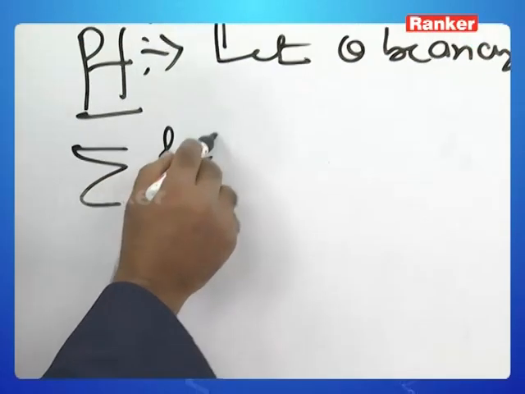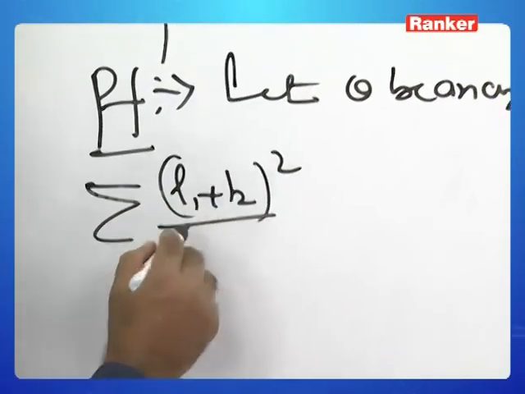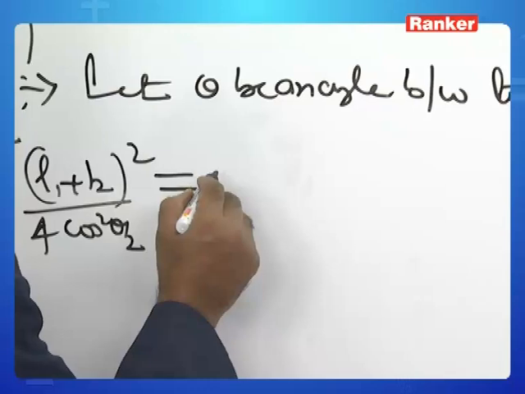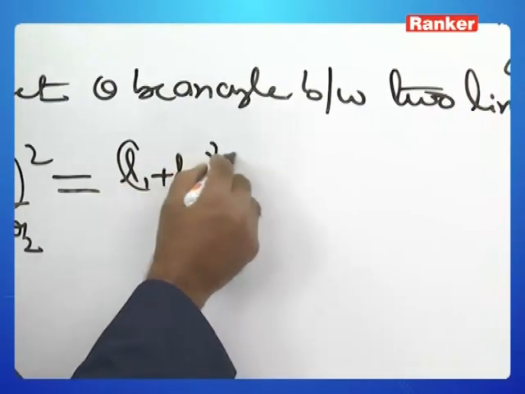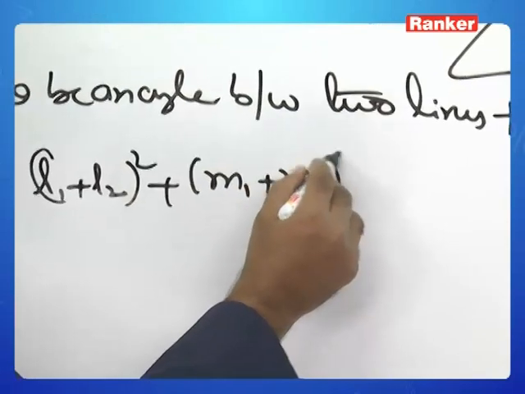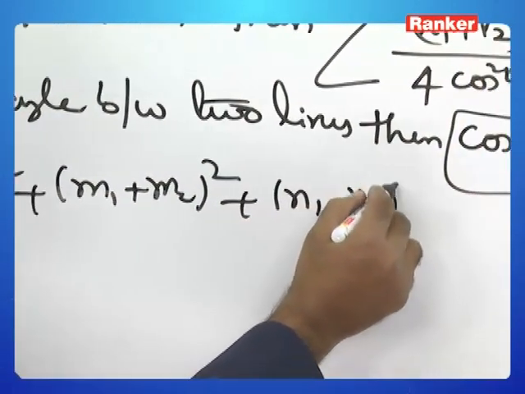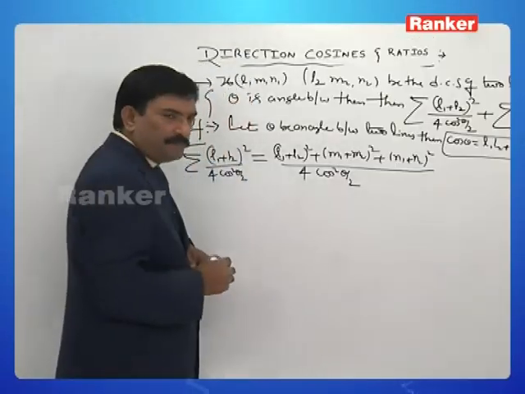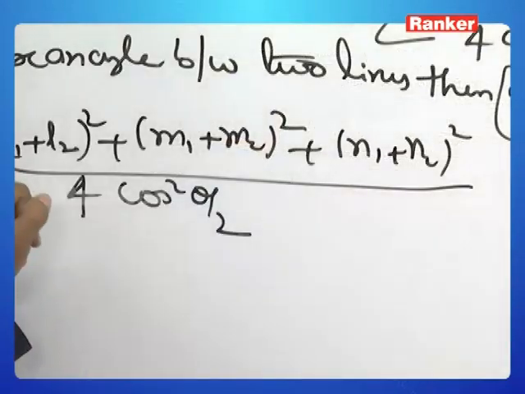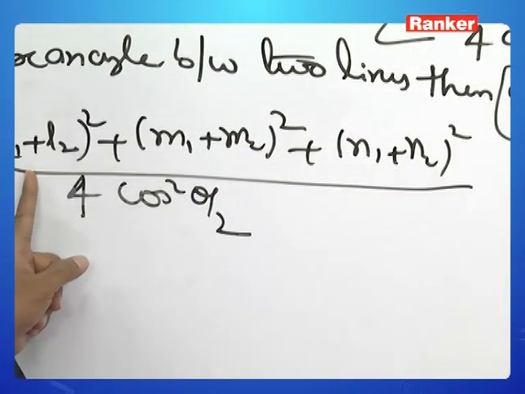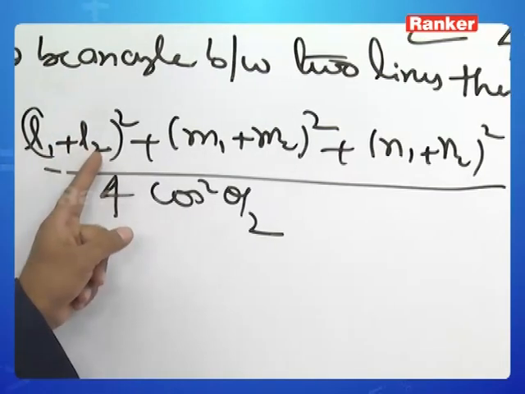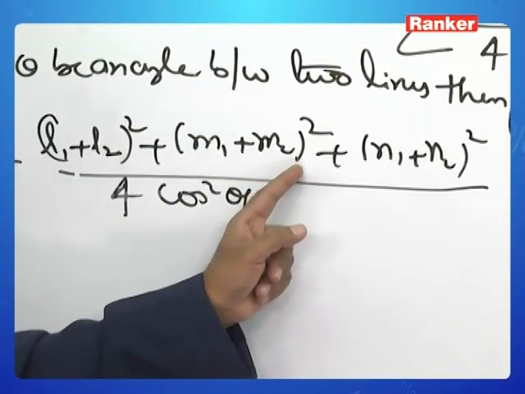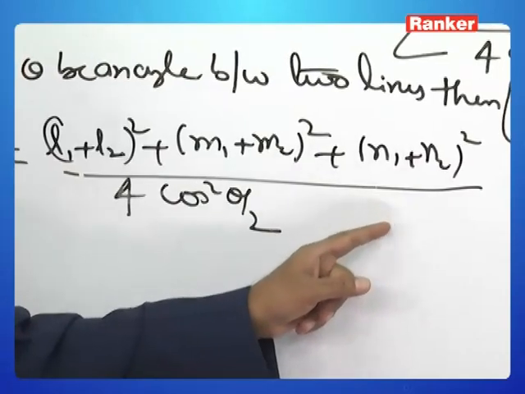So now I can write this one as sigma (L1 plus L2) whole square by 4 cos square theta by 2. Now I can write (L1 plus L2) whole square, (M1 plus M2) whole square, (N1 plus N2) whole square by 4 cos square theta by 2. You expand this: L1 square plus L2 square plus 2 L1 L2, M1 square plus M2 square plus 2 M1 M2, N1 square plus N2 square plus 2 N1 N2.